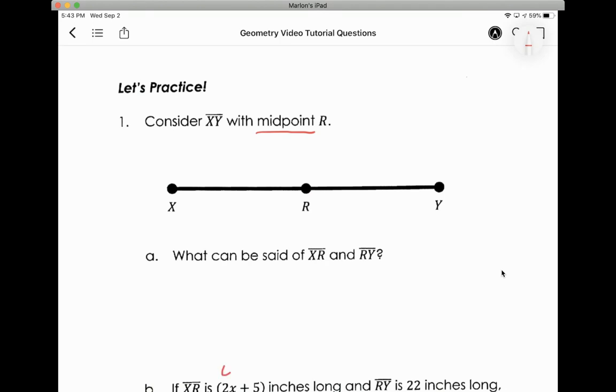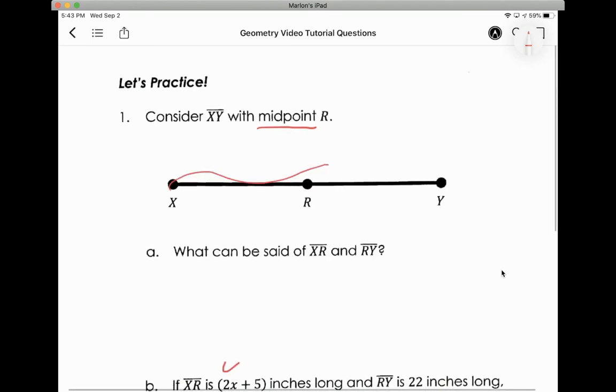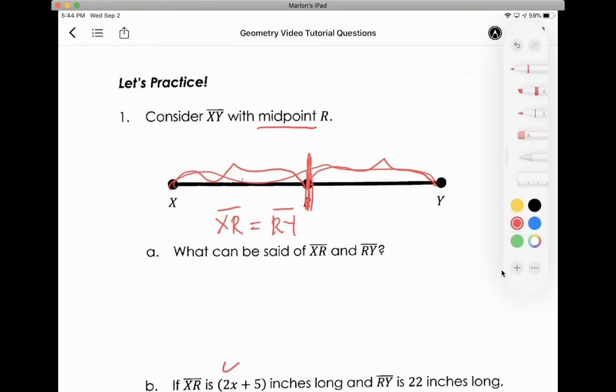So if my whole segment is XY, then point R cuts that in half, which means my XR is equal to my RY. These two segments, XR and RY, are basically equal, because my midpoint cuts it in equal halves.